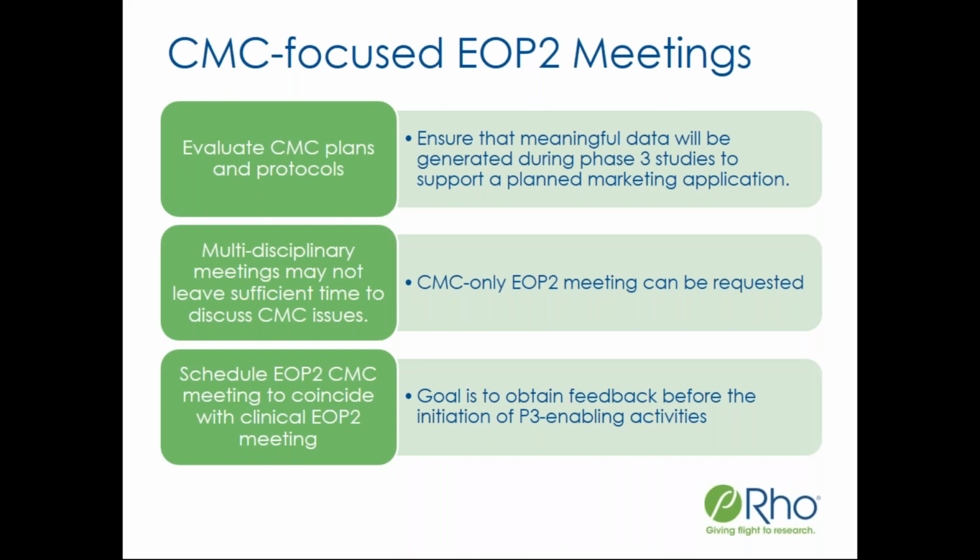The NDAs and the BLAs are becoming more CMC heavy than they have been in the past, and so it's obviously the division's prerogative, but you can make a strong case for having 2 meetings and taking the CMC into its own arena. It should be conducted at approximately the same time as the clinical/preclinical meeting, but the goal is to get all of these activities tied up in a bow so that you can start heading towards your NDA or BLA.